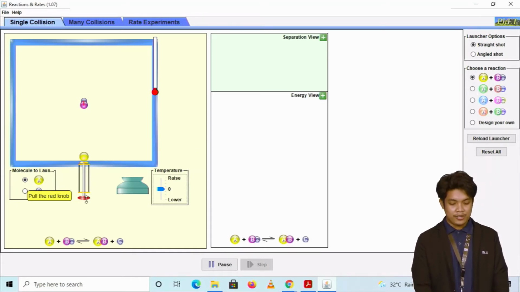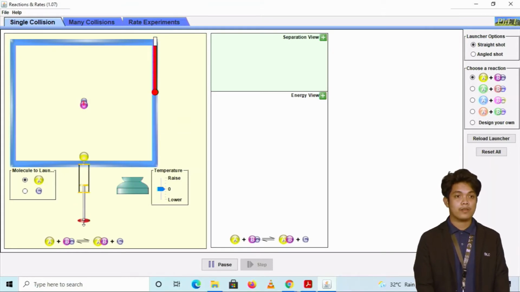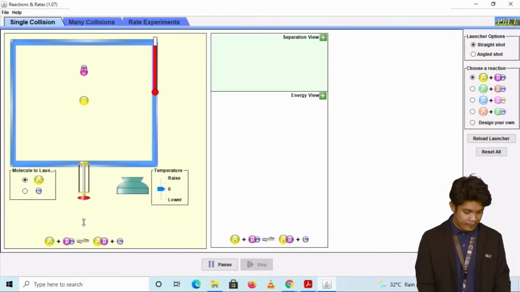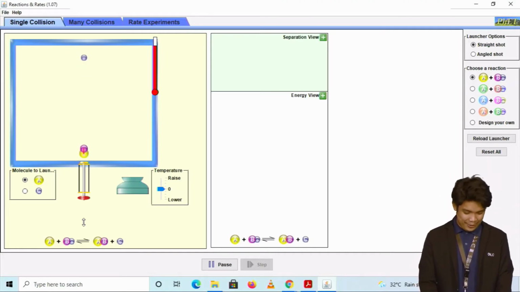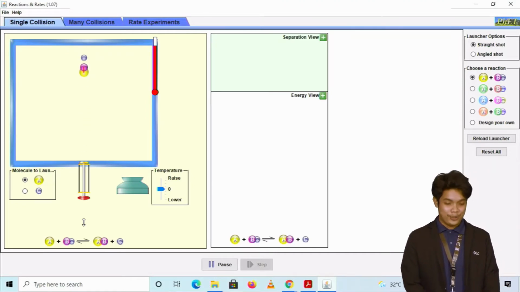Our reaction is A, the atom, plus a compound with B and C, bonded with each other. I will let them collide. Just observe right now. What do you think happened? Do you think a fruitful collision happened? All of you said yes. What is your evidence to support your claim?